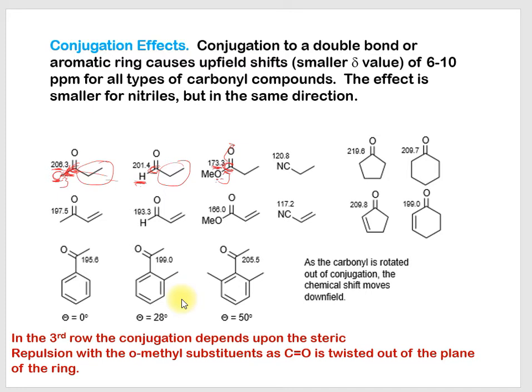Now, when you compare this with the molecule here, there is a delocalization of the pi bond towards the carbonyl. Delocalization will lower the stretching frequency in the case of IR spectroscopy. So here also it lowers the chemical shift of the carbonyl, from 206.3 to 197.5.